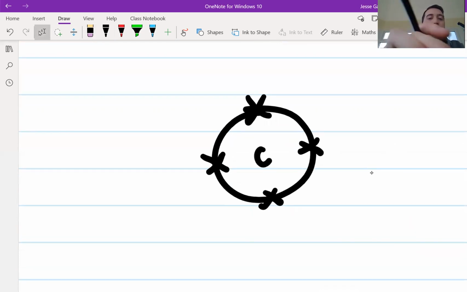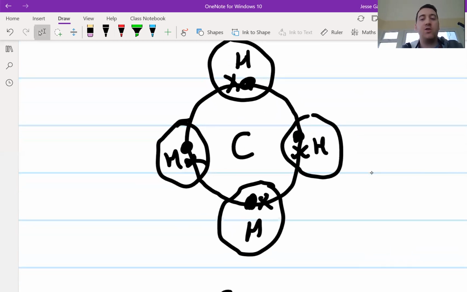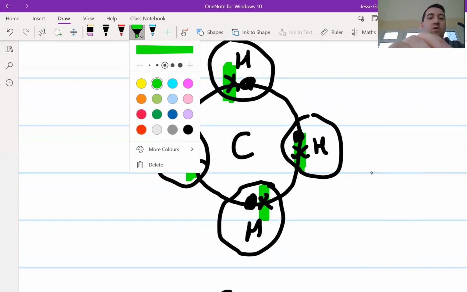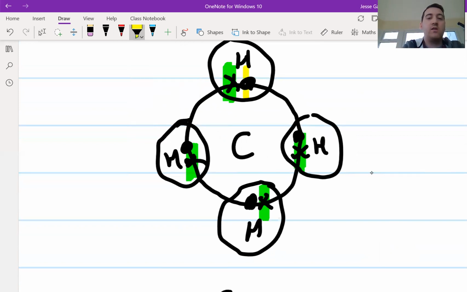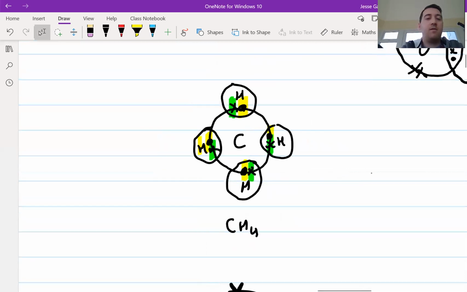And it does that like this. It overlaps with 4 different hydrogens. So the X's here are showing carbon's electrons. Here's the 4 electrons of carbon, and the dots show the electron of each hydrogen. So each hydrogen gets a share of 2, and altogether the carbon gets a share of 8. So CH4 is the example.